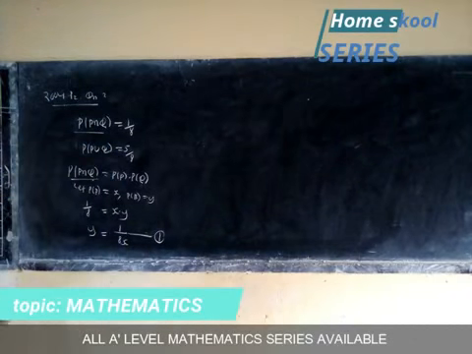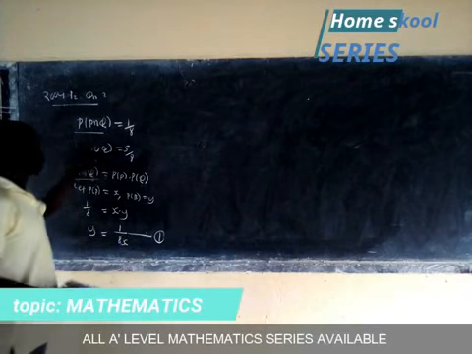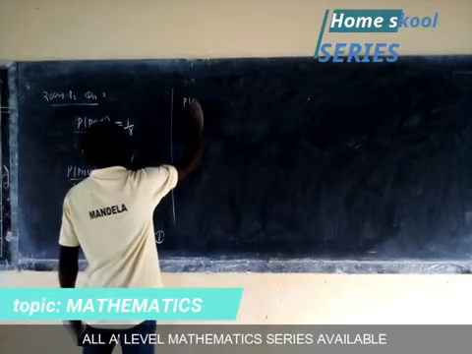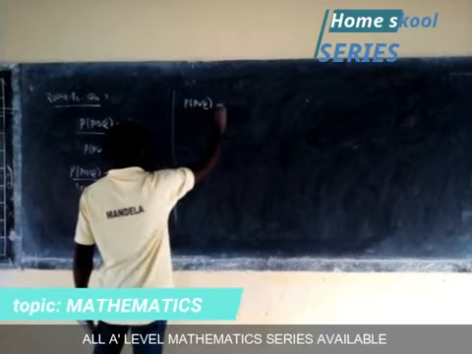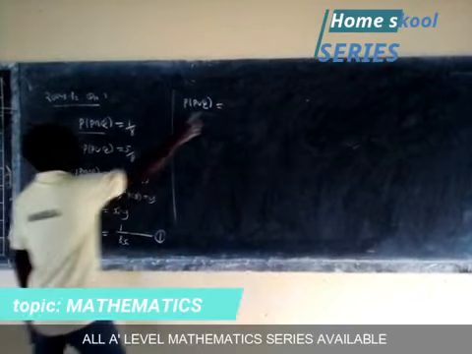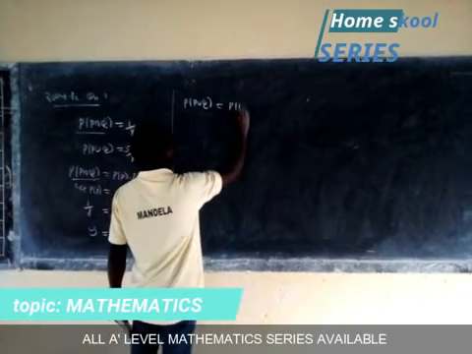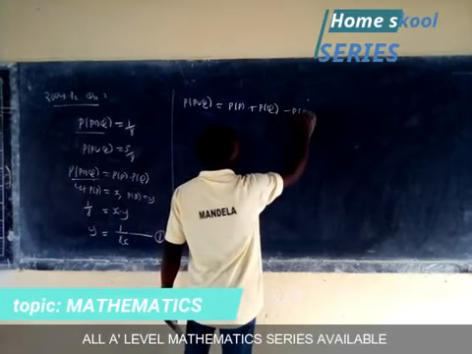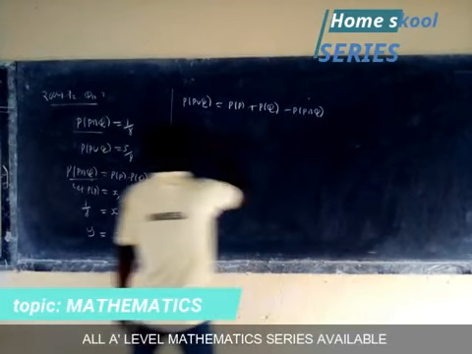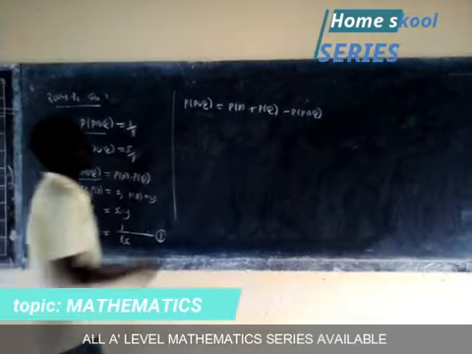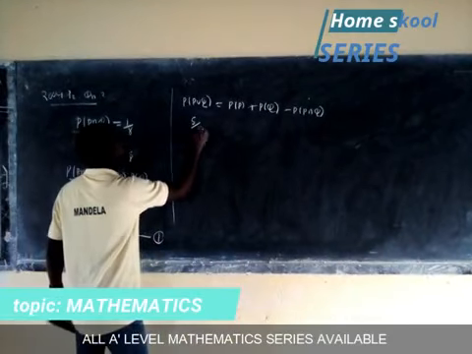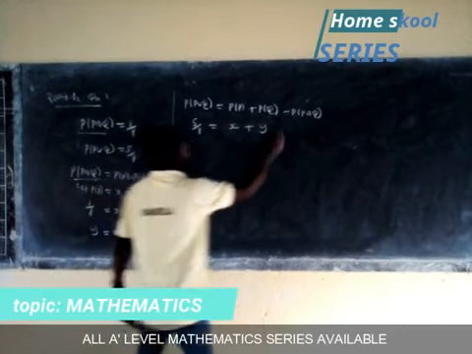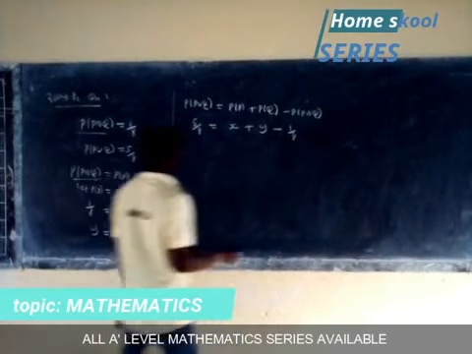But they say the probability of either or both occurring, this one is the probability of P union Q. From the additive rule, this can be expanded, giving us probability of P plus probability of Q minus probability of P intersection Q. Now this one we know as 5 over 8 is equal to this one, I call it X, this one I call Y, minus this one, it is 1 divided by 8.